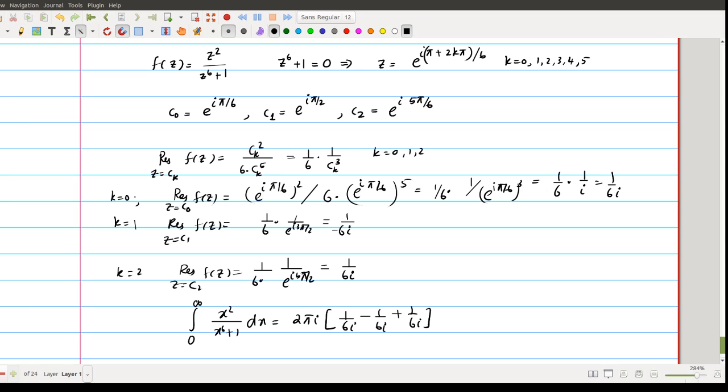The first two terms cancel, then you will get 2 pi i times 1 by 6i, then you can cancel this 2, and that will be pi by 3. So this is the value of this integral.